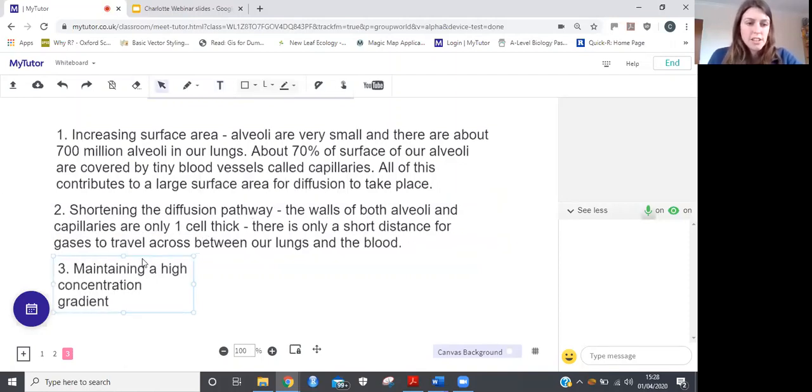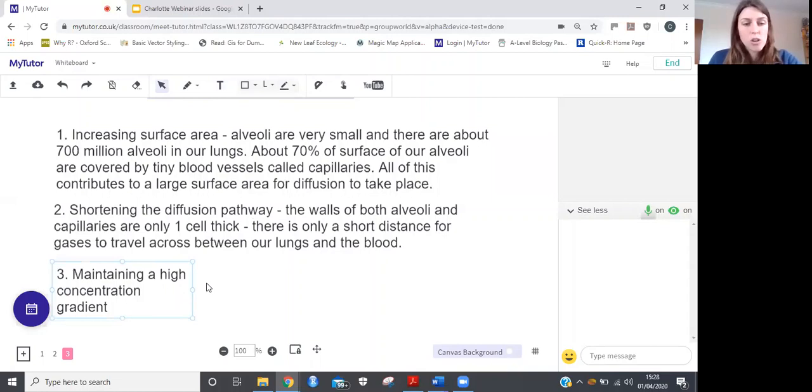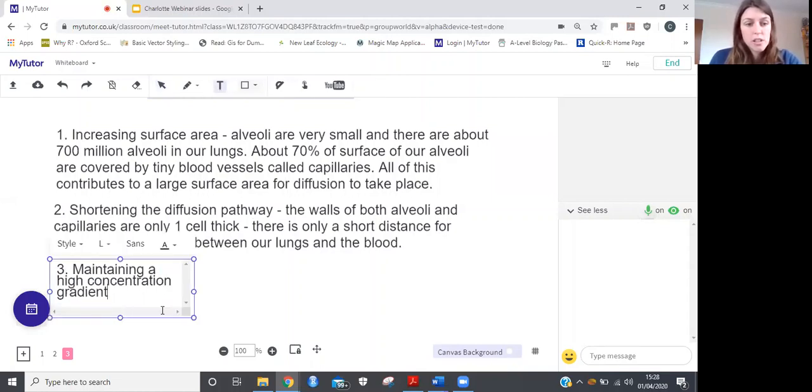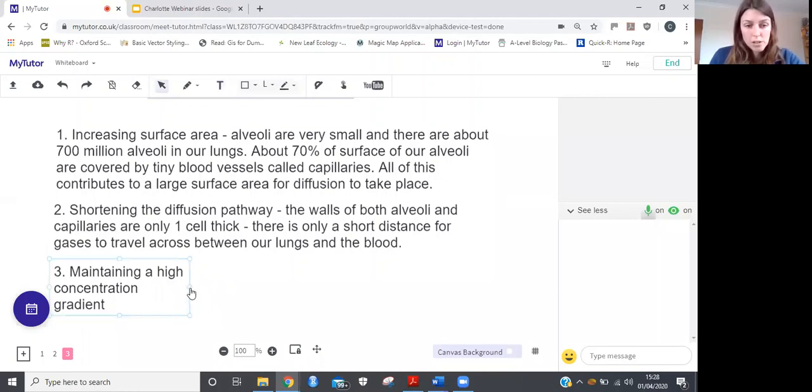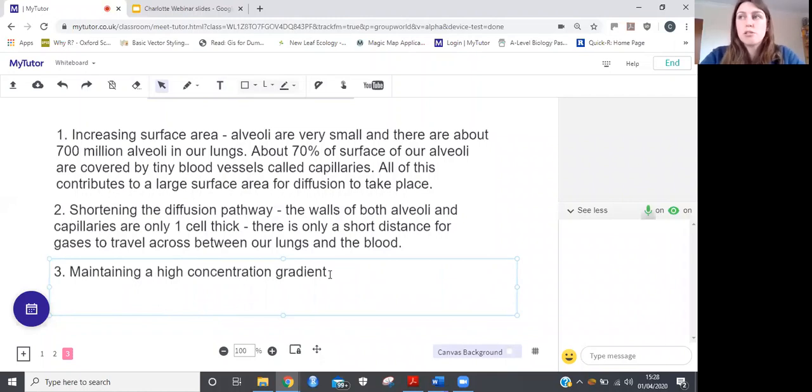And thirdly, we have this high concentration gradient we were talking about, and you wanted to know more about what a high concentration gradient is. So when we talk about diffusion, we're talking about the movement of gases from an area of high concentration. So at the moment, our lungs, where there's lots of oxygen.